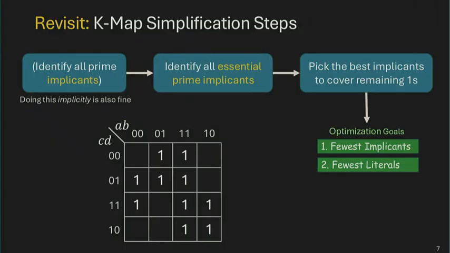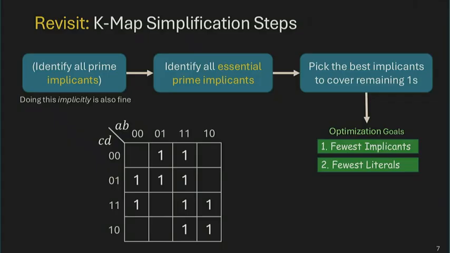We then pick the essential prime implicants. These are the things that you must include in the final expression. And finally, once we pick the essential prime implicants, we just have to cover the remaining minterms with the fewest implicants. And at that point, it's pretty much a heuristic algorithm with K-map. By visually seeing the relationship, see which implicants cover which minterm, and find the best way to cover the remaining.